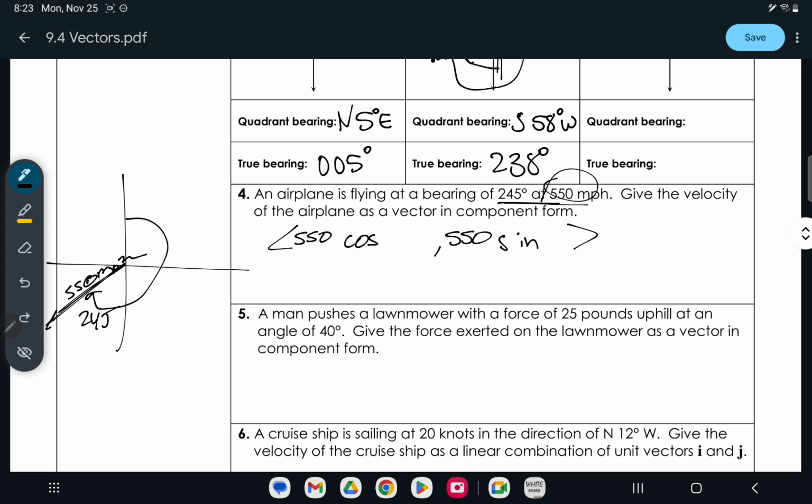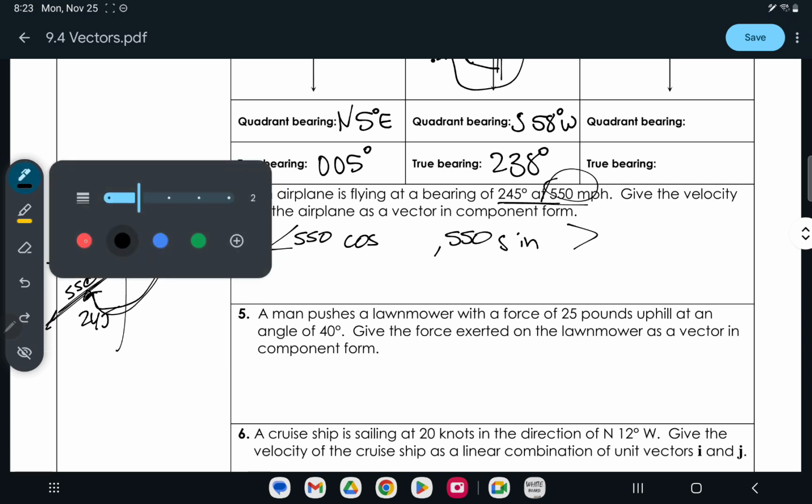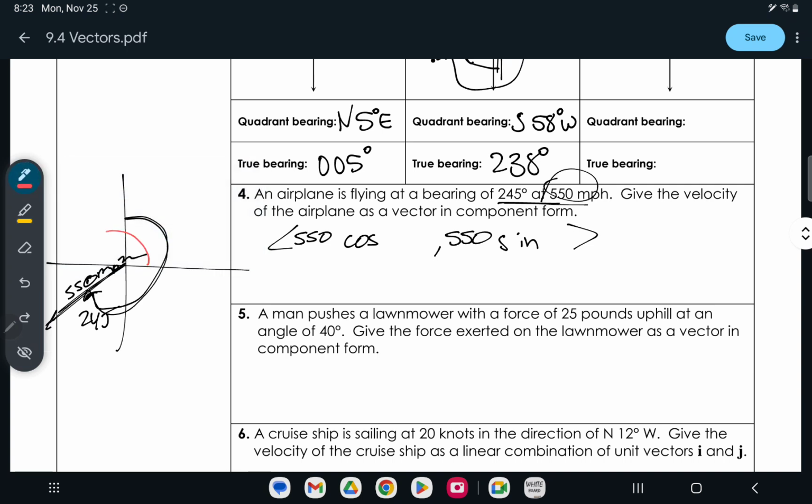We just have to figure out what angle we're going to use, because we're not going to use 245 because that's going in the negative direction. So what I want to do is find what it is from the positive direction. What is this angle here?